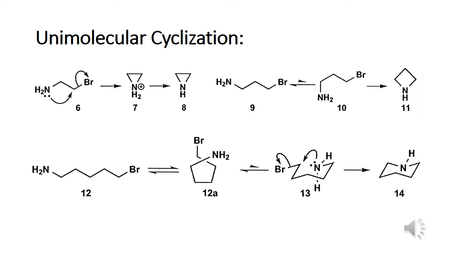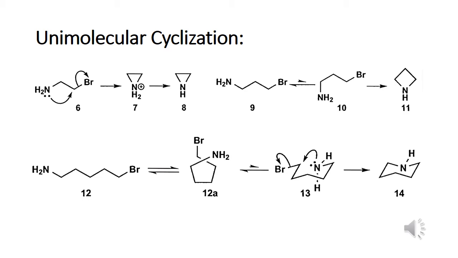The next example is structure 11, the cyclization to give a four-membered ring. It is unfavorable because the favored conformation cannot cyclize, and the other conformation that can cyclize has eclipsed bonds. The stereo arrangement differs, which increases the distance between the nucleophilic nitrogen and the electrophilic carbon. Hence the synthesis of structure 11, the four-membered heterocyclic compound, is unfavorable.